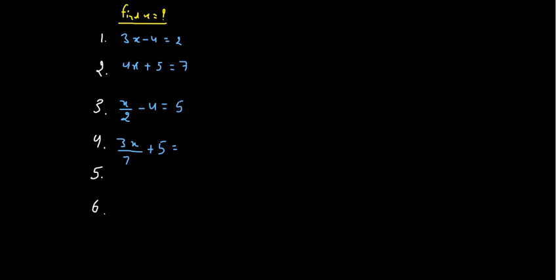Well, that will be a little interesting. Now the next one is 5x is equal to 3, and the very last one, which is 4x divided by 2 is equal to 2x minus 7. Now in all these questions we need to find the value of x.